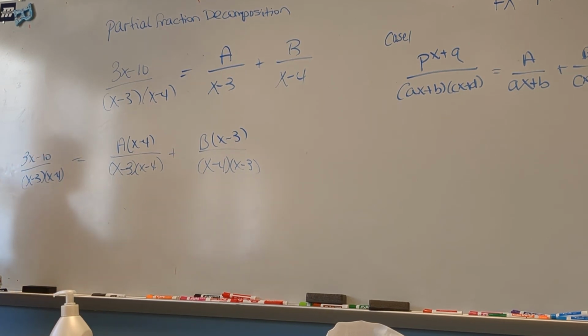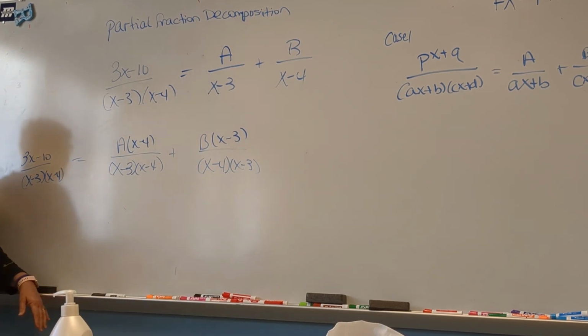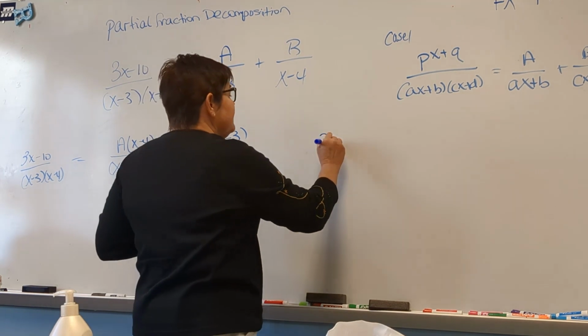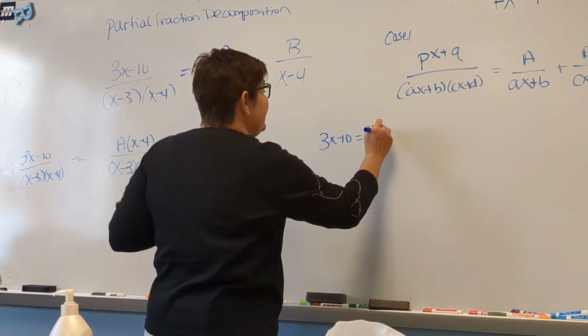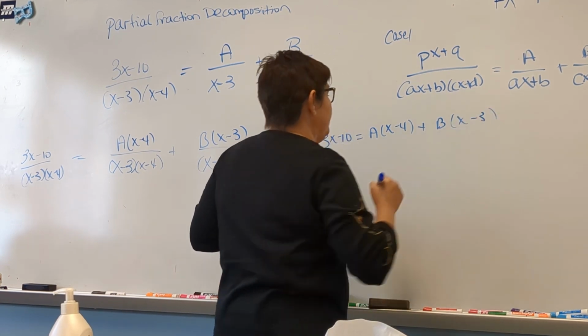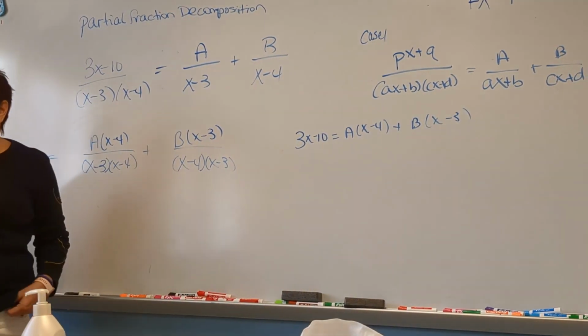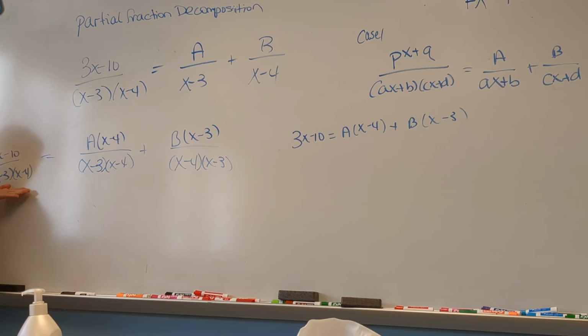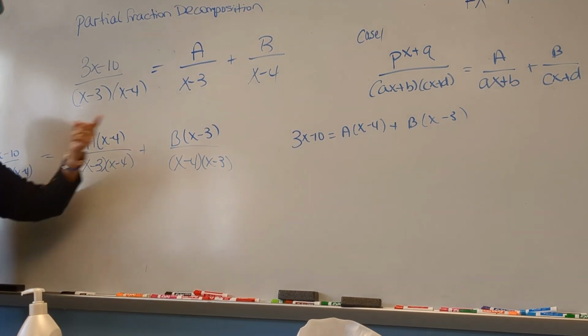It goes away, right? My denominator goes away. So what am I left with? I'm left with my numerator. I'm left with 3x minus 10 equals a times x minus 4 plus b times x minus 3. They all have the same denominator, so therefore I got rid of it, and I have the numerator equals a times this and b times that.